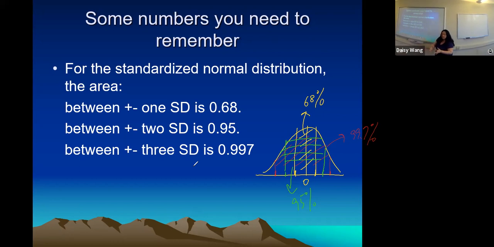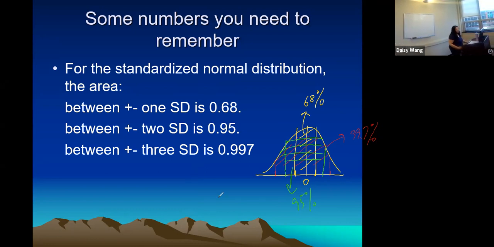In 100 products we make, 99.7 will be within the acceptable range. Only 0.3 out of 100 will be defective. But if we say our standard is 6 sigma, then there will be only three defects in 1 million products. So that's why the business world started to talk about 6 sigma.